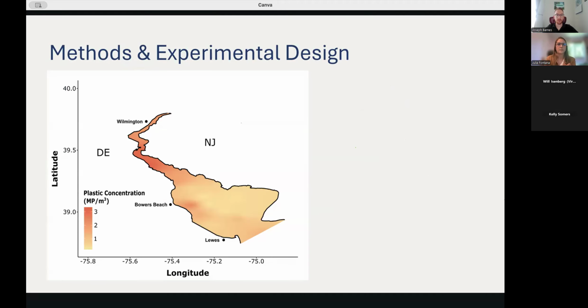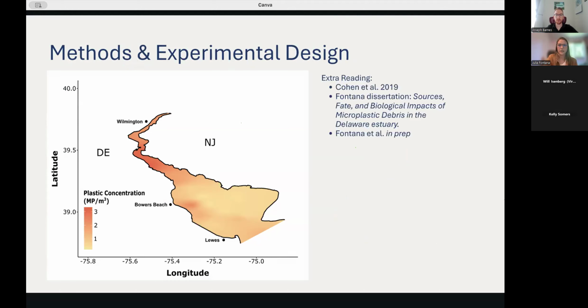When we came up with this experiment, we had previous data that goes back to 2017 looking at the Delaware Bay, how much plastic is in it, and where it ends up. I'll just pop this there if you want some extra reading. Here we're looking at a gradient of plastic concentration in the Delaware Bay. The darker red orange is higher concentrations of plastic, versus the yellow orange color, which is lower concentrations.